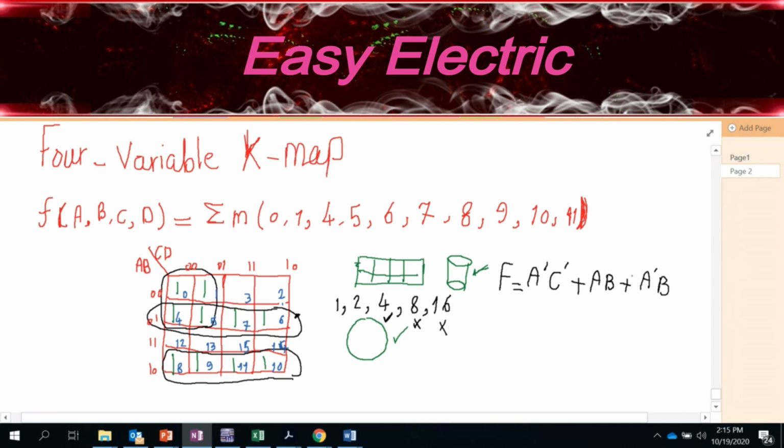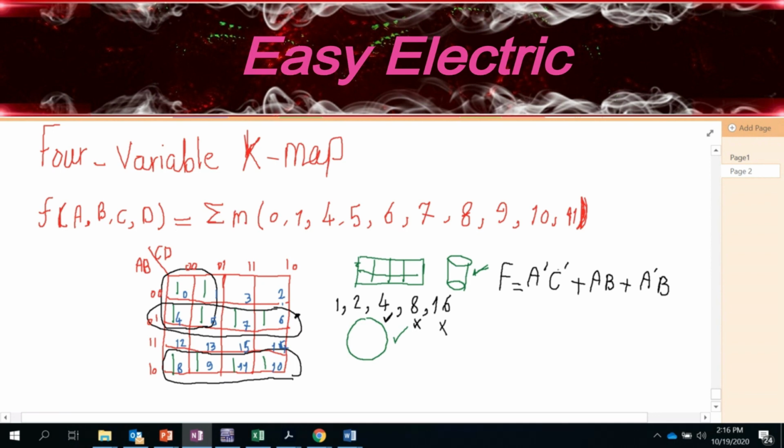So which is the simplest form of the function? Let me double check and make sure we didn't leave anything wrong. So A prime C prime is right. Then A prime B, the last one that we have here. And how about this?